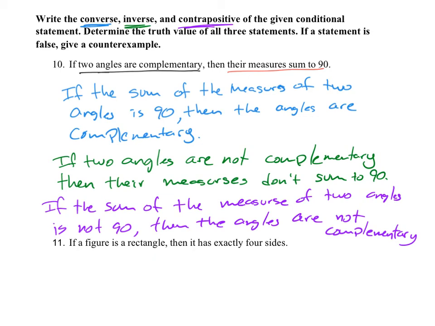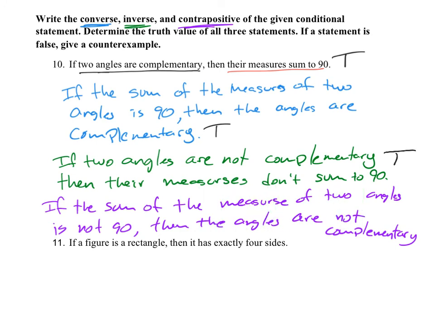So my conditional statement says if two angles are complementary, then their measures sum to 90. That's true, right? As we know. If the sum of the measures of two angles is 90, then the angles are complementary. That's also true. If two angles are not complementary, then their measures don't sum to 90. That's also true.